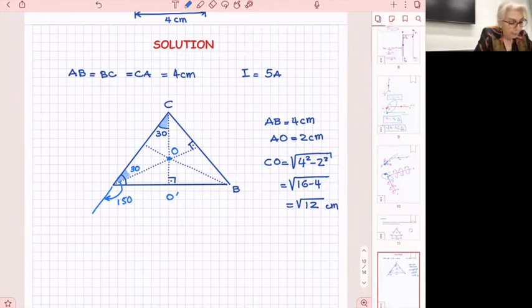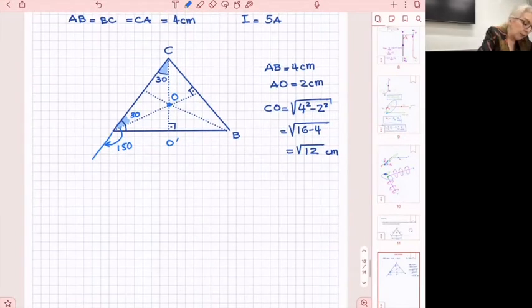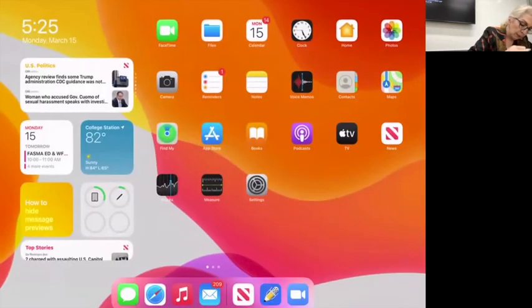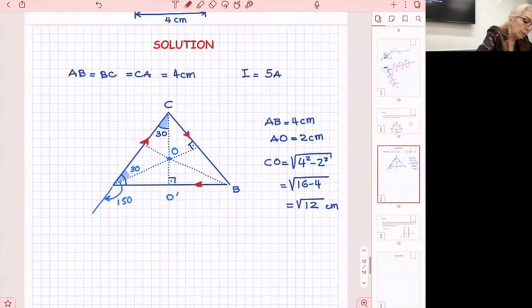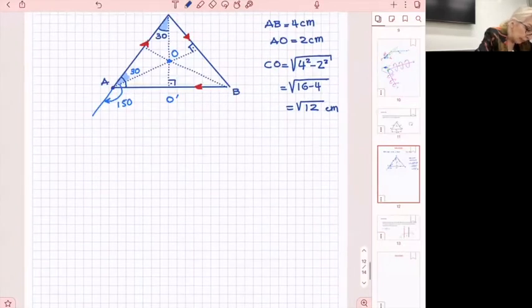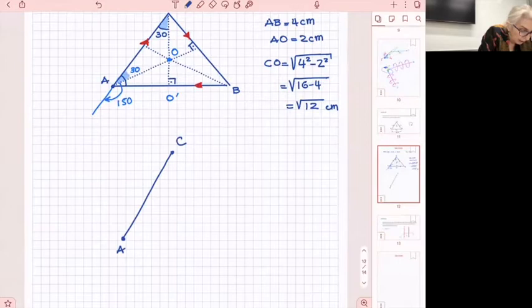Now, what we really need to find: if I know that the current here flows like this and like this, then what I really need to find here is the magnetic field from only one of these sides. Let's assume that I take the side AC. I write this here, this is A, C, and this is at the center.